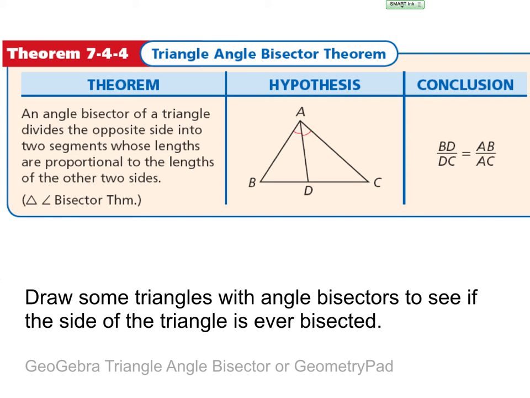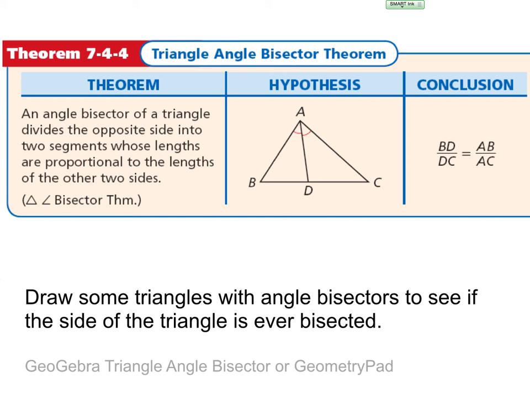Tell it to do angle bisector or perpendicular? I don't want perpendicular, I want angle bisector. Down towards the bottom there. So you probably want to do it like that.